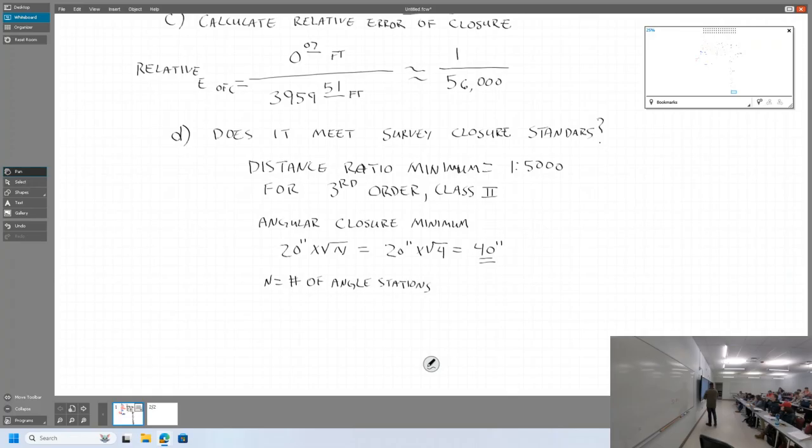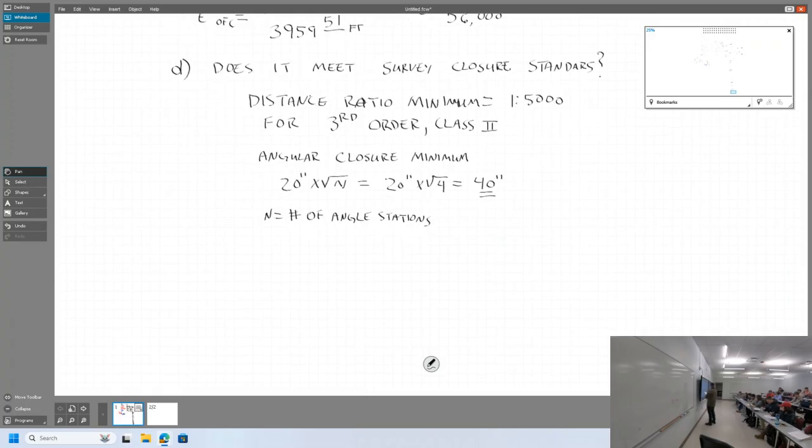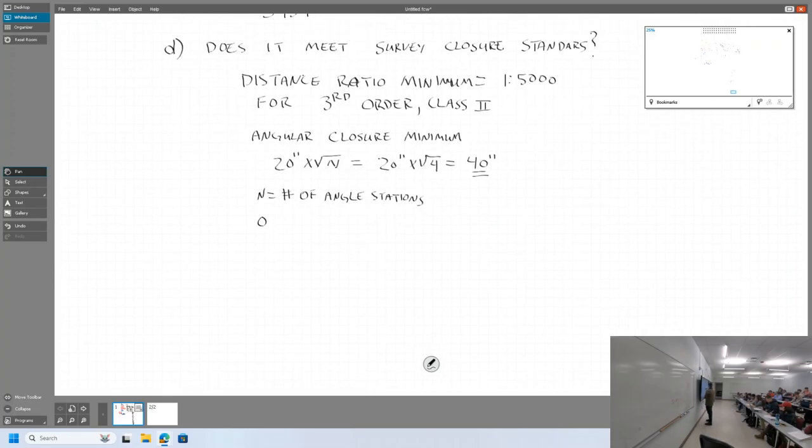So our angular closure is 4 seconds, so we check. We're good. We know we meet order 3, class 2 with the ratio. Now we just need to calculate adjusted coordinates.